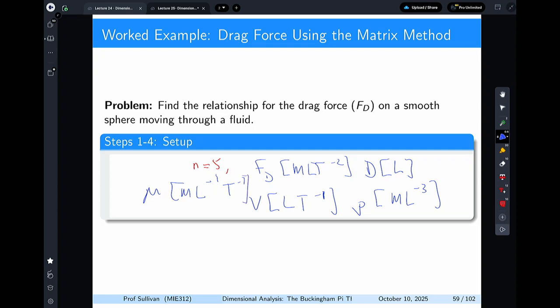So same groups of variables. You're using MLT. So k is n minus m, which yields 5 minus 3, which equals 2. So repeating variables: density, because I have a mass term in there, and velocity, because I have a time term in there, and length, or diameter.